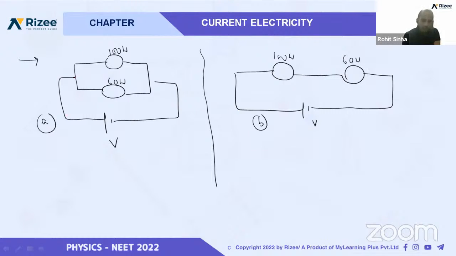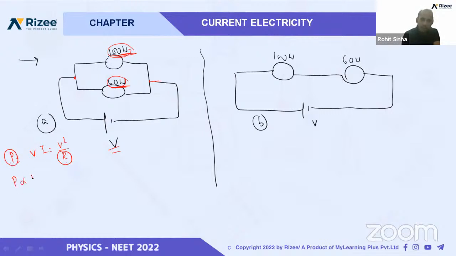First of all, you should remember one thing. This is the rating of a bulb. We are not concerned about the rating of the individual bulb. This is the external voltage. We know P is equal to V into I, or we can say V square by R. For any bulb or any device, individual rating and power are related like this.